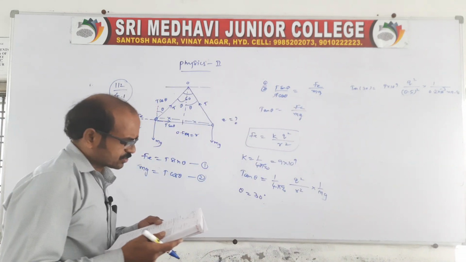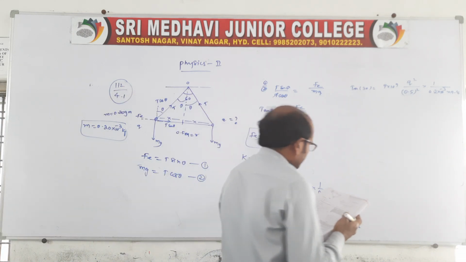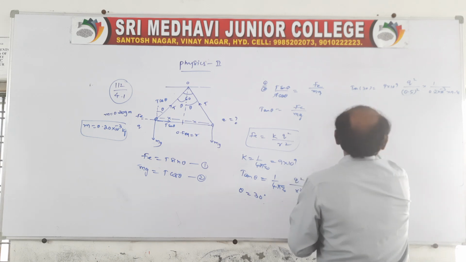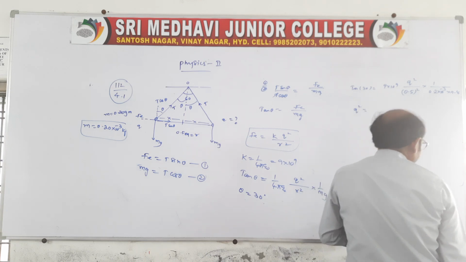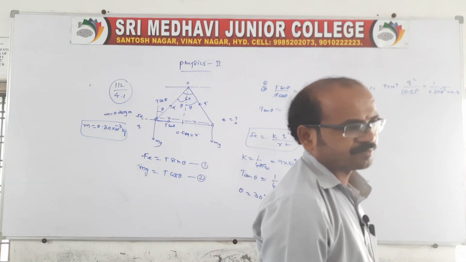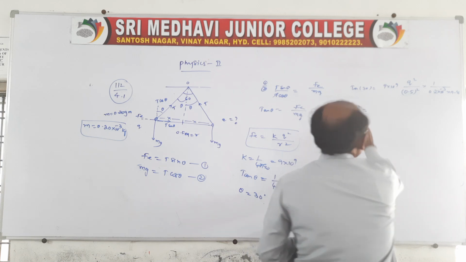Now simplify. q square is equal to tan 30 value, which is sin 30 by cos 30, that becomes 1 by root 3.